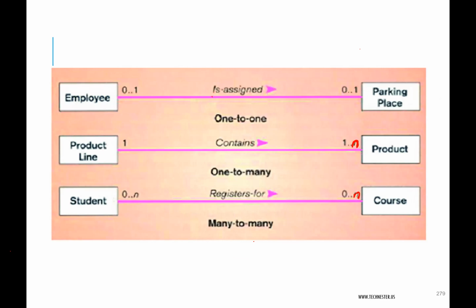So one product line contains one or many products. Okay. One product line contains one or many. But where did you see many though? You said the N. I said replace many with N. But you still said many. Okay. One product line contains one.